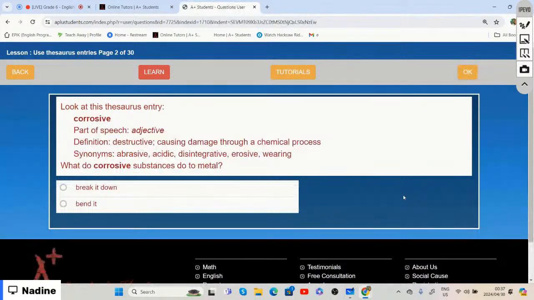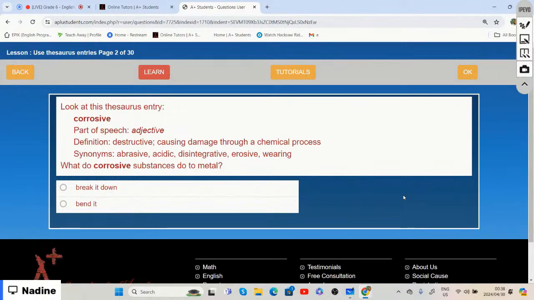If we look at the word corrosive, the part of speech of the word corrosive is an adjective.